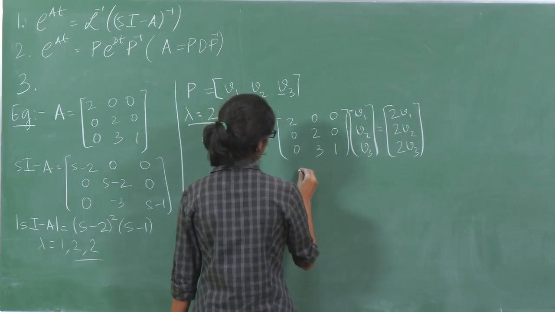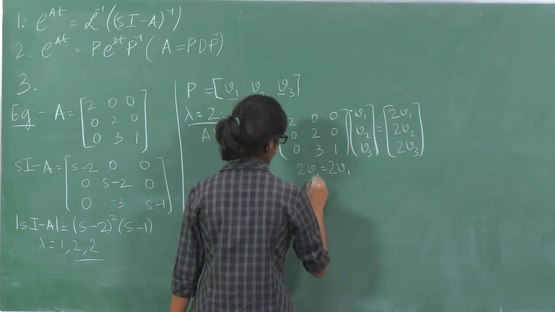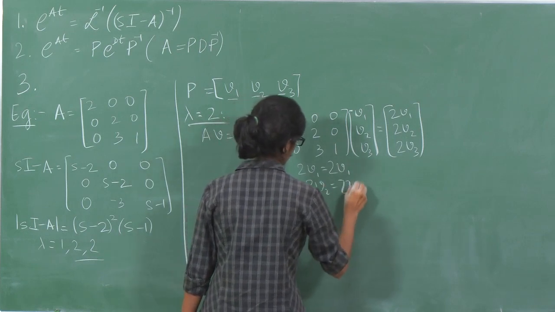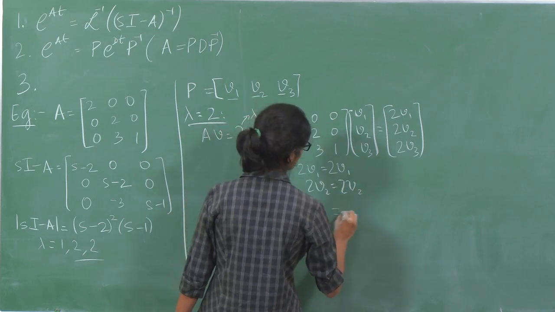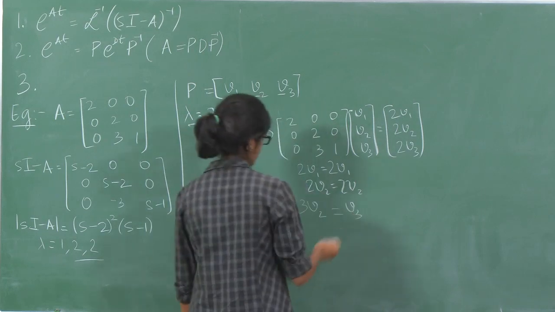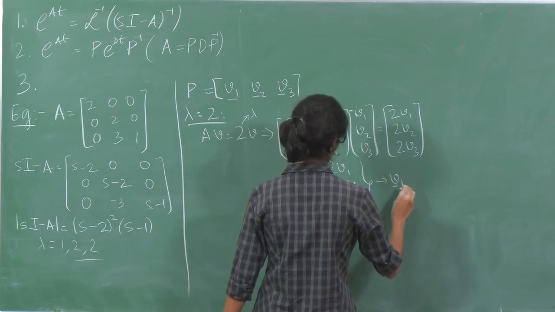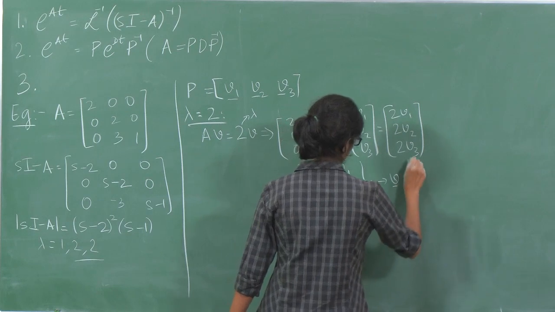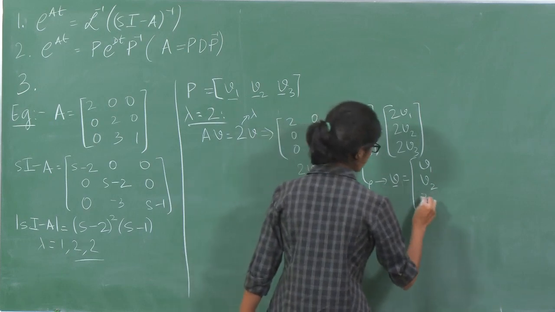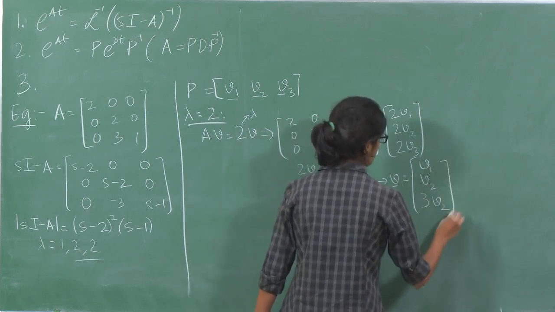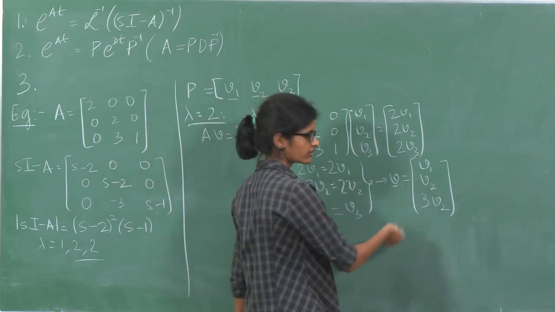So when you solve this, you get 2v1 equals 2v1. Here we see that our eigenvector v is of this form: v1, v2 and 3v2. There are no constraints on the first and the second coordinates.